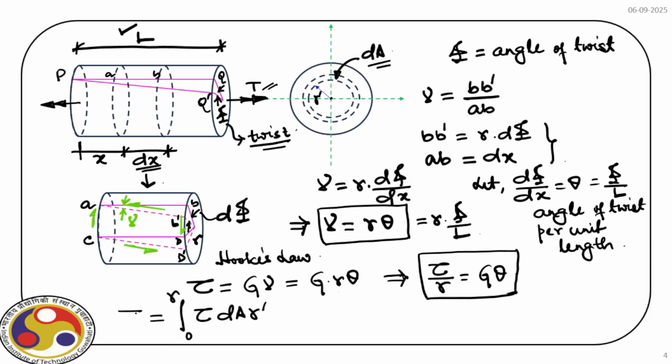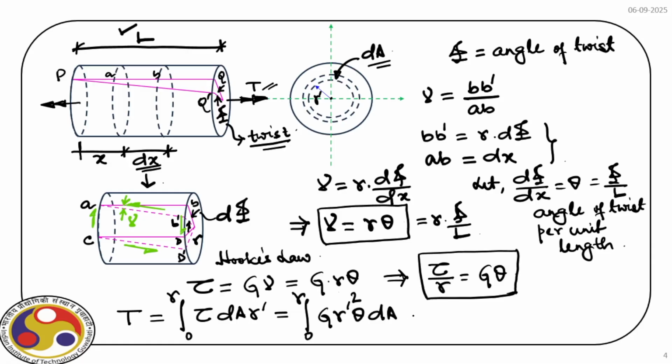We get capital T, that is the total torque that we apply. Now if we put the expression of tau here, we get integral 0 to r. In place of tau we have G r prime theta dA times again r prime, so that is r prime square here.